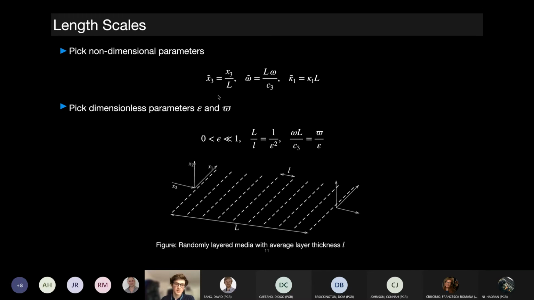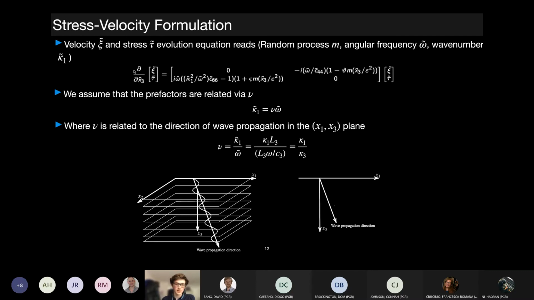So we non-dimensionalize the problem, very standard: the distance, frequency, and wave number of the input wave. We have some non-dimensional parameters in the problem which help us scale things, and that will be important later. We can do more work with the model, and we derive this standard stress strain evolution equation.